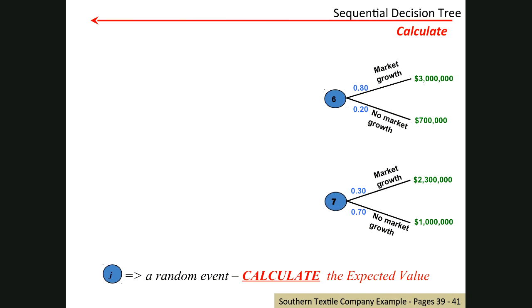It's going to be 0.8 times 3 million plus 0.2 times 700,000. And that turns out to be, when you do the arithmetic, 1.39 million.